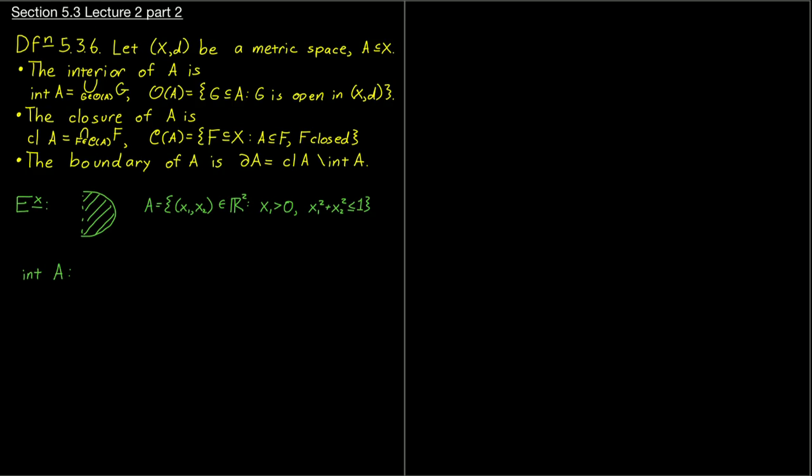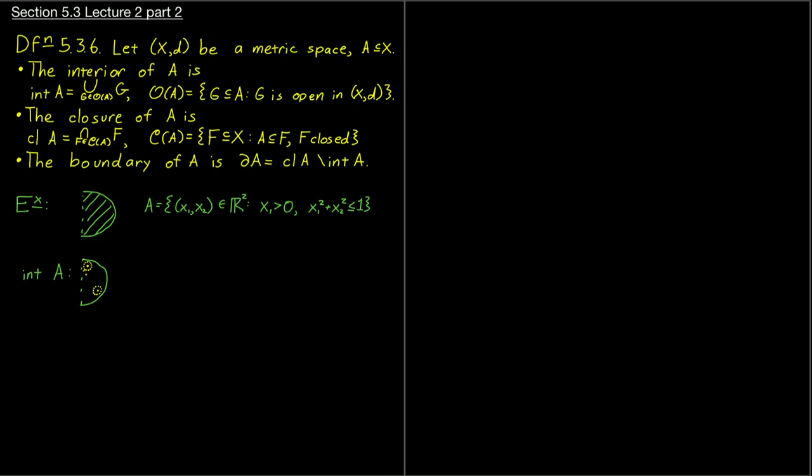So we're going to zoom in on it. We take every point in A where x squared plus y squared is less than 1. You can draw a little ball around that point, and that little ball is open.